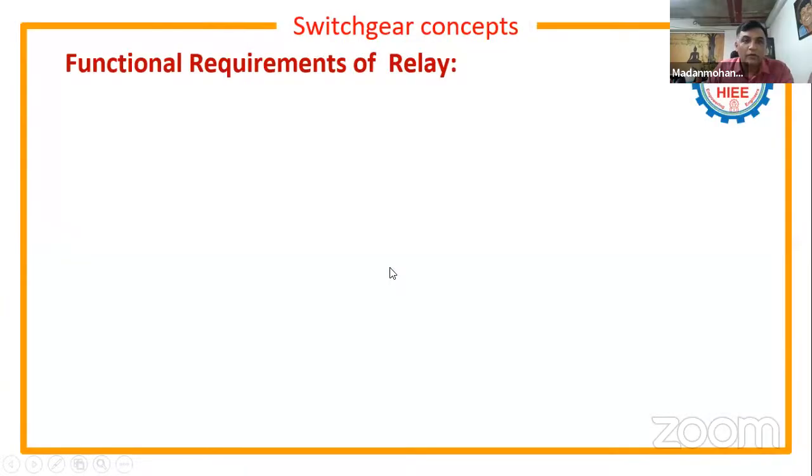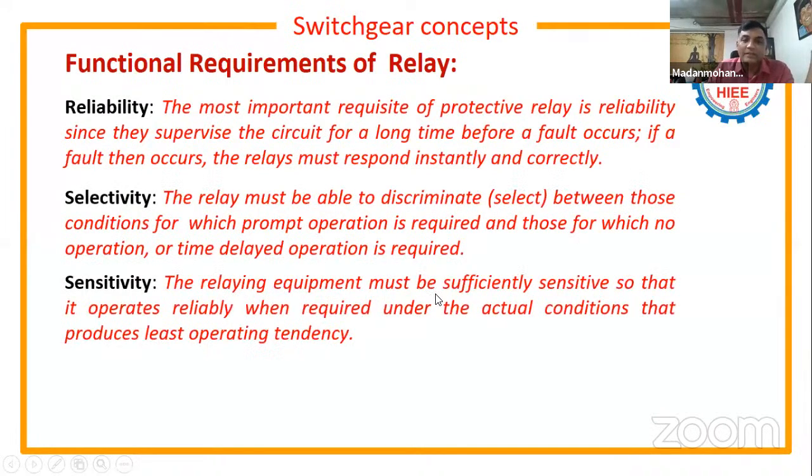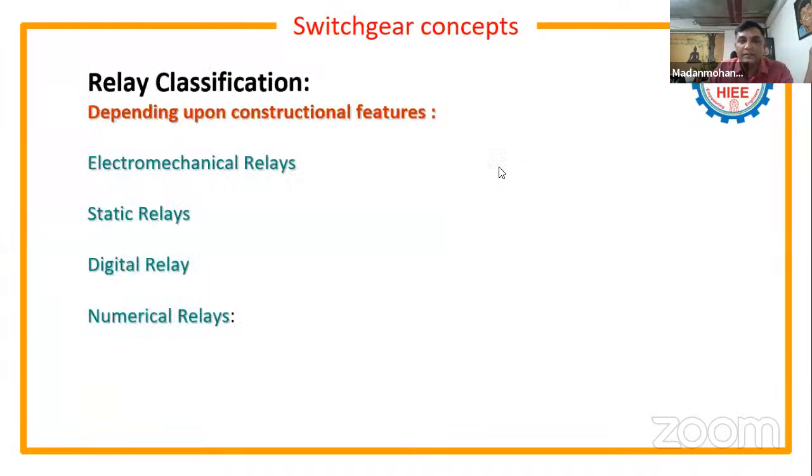Generally, we have different functional requirements of a relay: reliability, selectivity, sensitivity, and speed. When you are selecting any relay, we have to check all these functional requirements, guys. And we have different relays. In the relay classification, relays started with electromechanical relays initially.